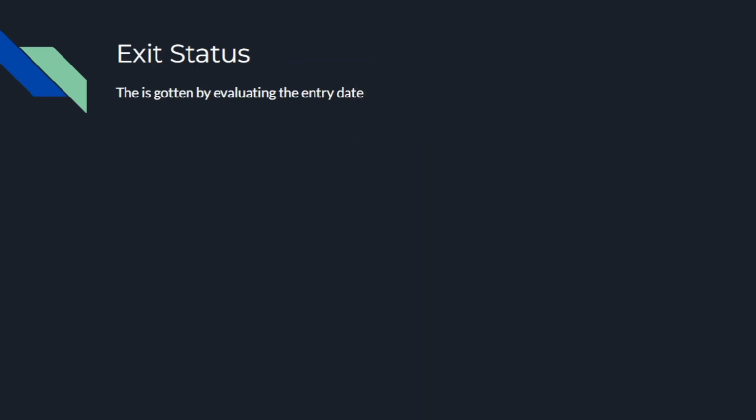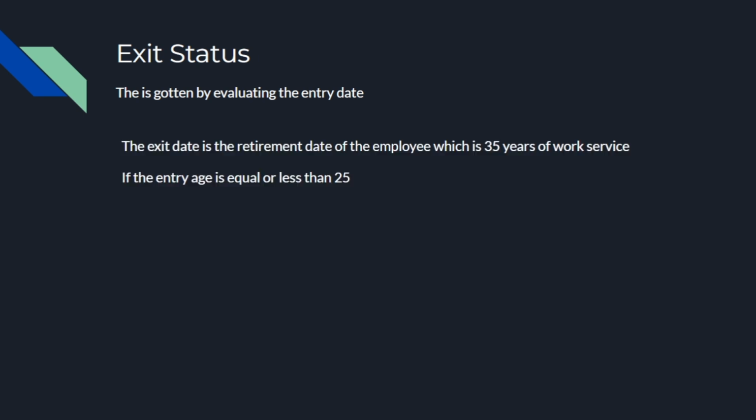Now the exit status, this is the retirement, when the employee is set to retire. So how do we get this? This is gotten by evaluating the entry date, and this exit date is, like I said before, the retirement date of the employee, which is 30 years of work service.